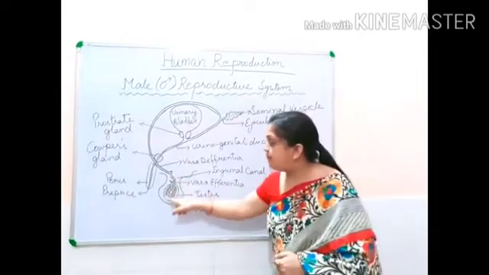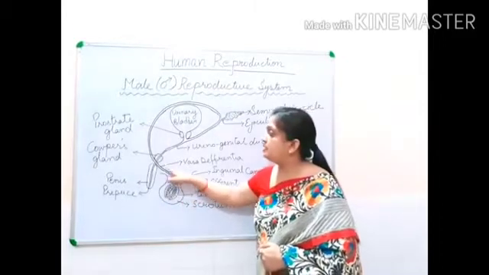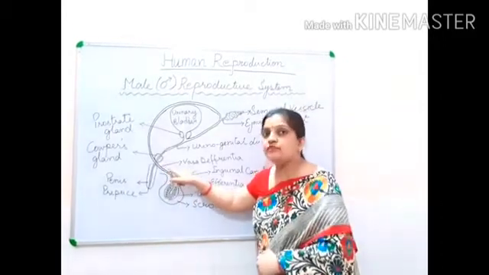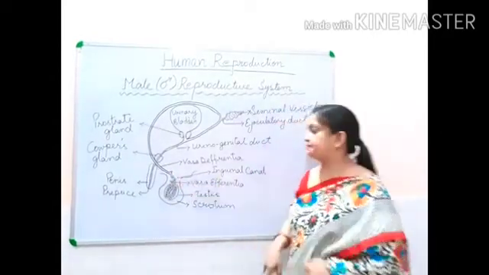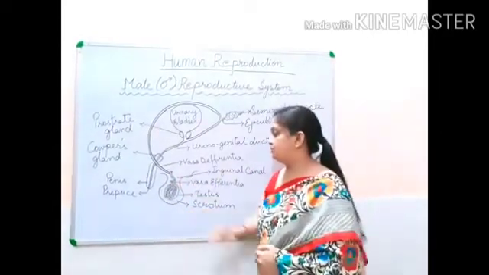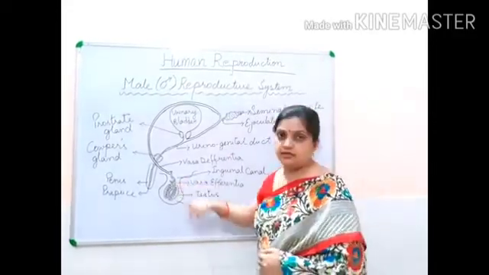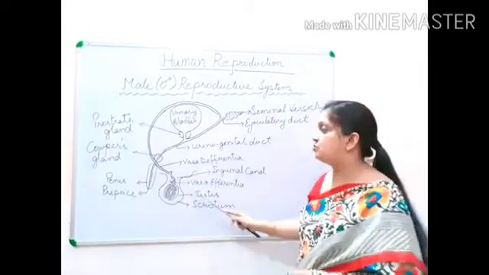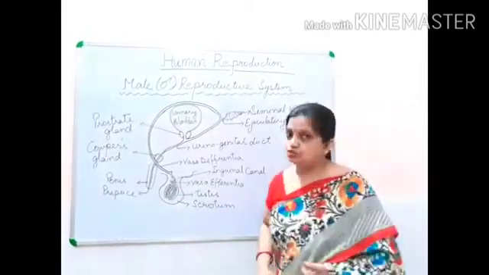So every part which is present inside the scrotum can be connected to the internal male reproductive system through the inguinal canal. So this was the scrotum, this was the testis, then the vasa efferentia. Vasa efferentia is also located inside the extra-abdominal cavity, inside the scrotum.